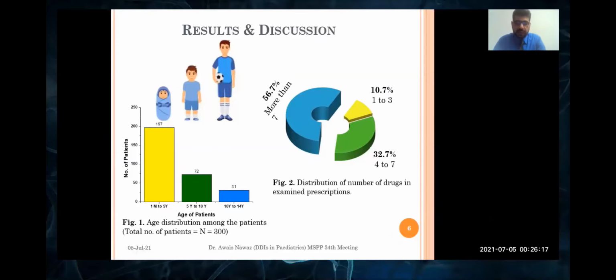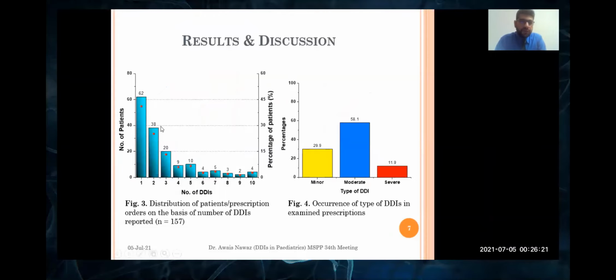You can see it's a huge number; most of the prescriptions had a high number of drugs. We also checked the number of drug-drug interactions in them. Yes, there was a high number with fewer drug interactions, but there was a huge number that had a high number of drug-drug interactions.